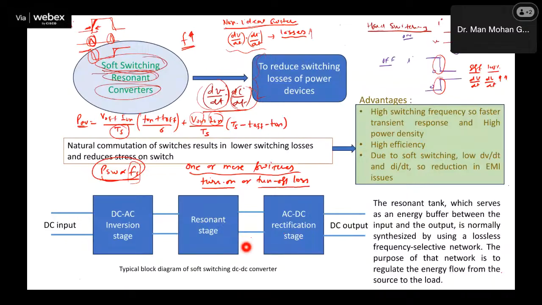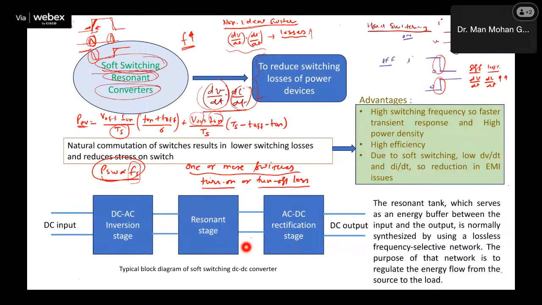So your normal conventional buck converter circuit is there. Now you modify the topology and insert some additional inductance and capacitance, due to which resonance occurs. And when resonance occurs, whenever the current is zero or the voltage is zero, at that time you make the other switch on or off depending upon the circuit conditions.